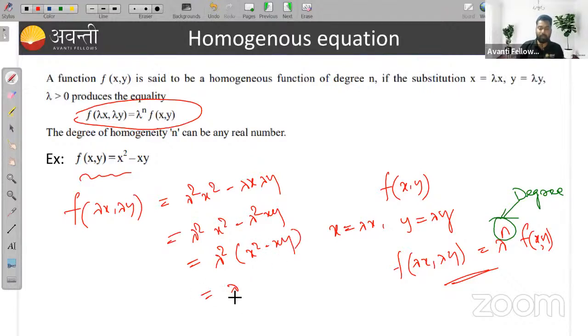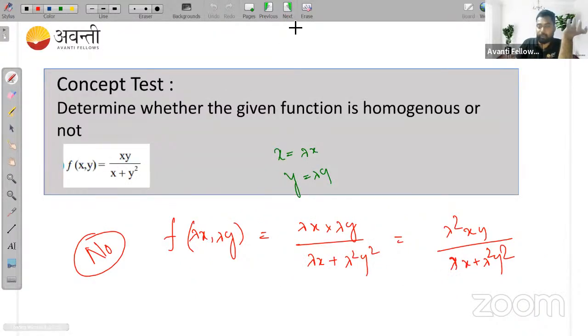So see, lambda square into f of xy we are getting. So here it is a homogeneous equation and the degree is 2. So this is the example of the homogeneous function, and the other is not a homogeneous function.